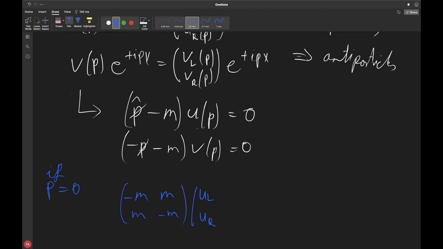So this u, you remember, has left and right components as well. So this is 0.